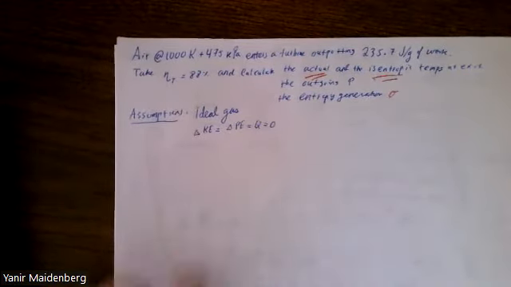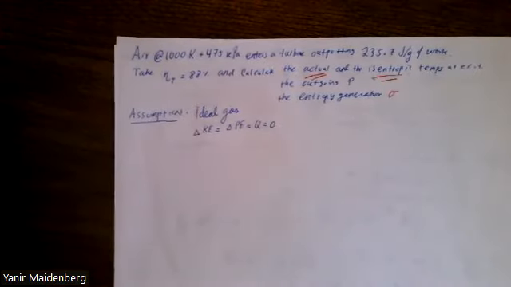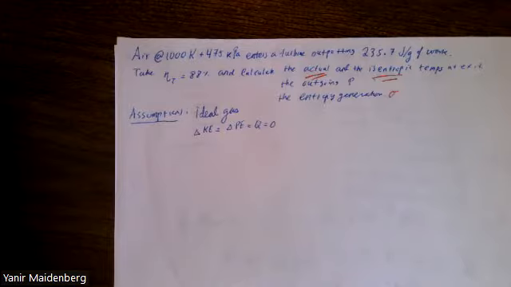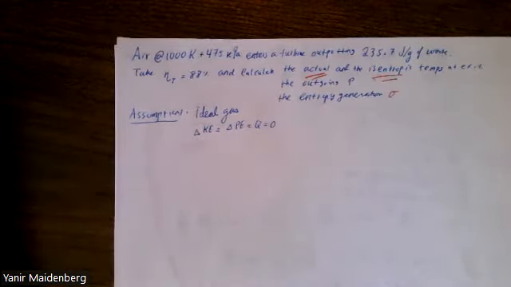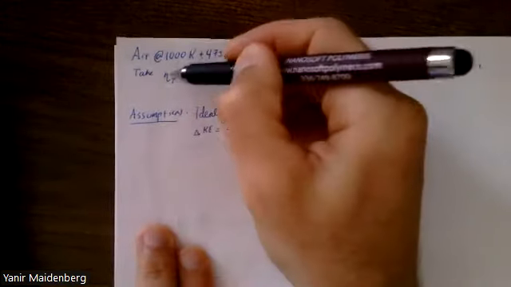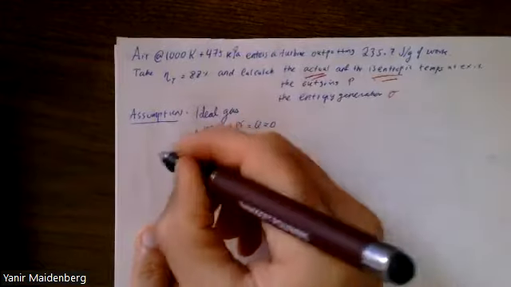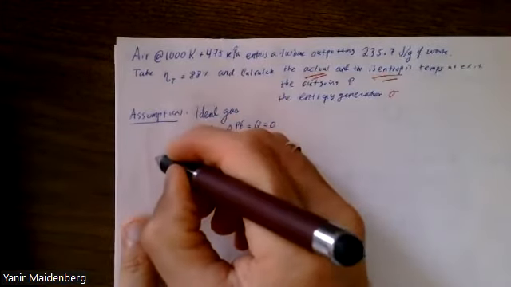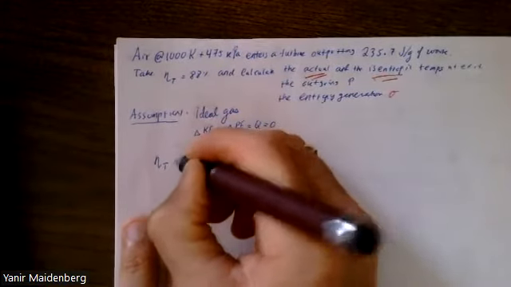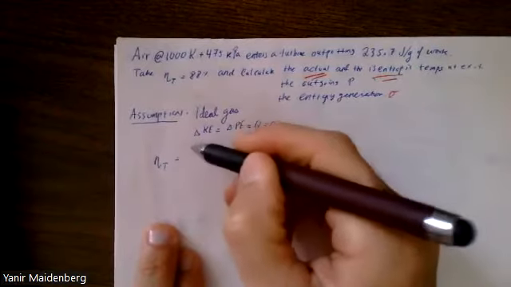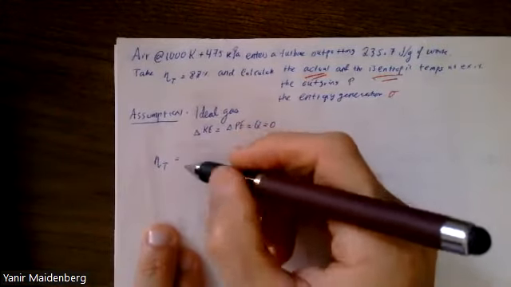Okay. So what we're going to do now is look at the first law of thermodynamics. Then we're going to eventually look at the second law of thermodynamics to get the entropy generation. The reason I'm looking at the first law is because it's going to give me information for the temperature. I know that the isentropic efficiency of a turbine is basically what I want divided by what I could have, right?